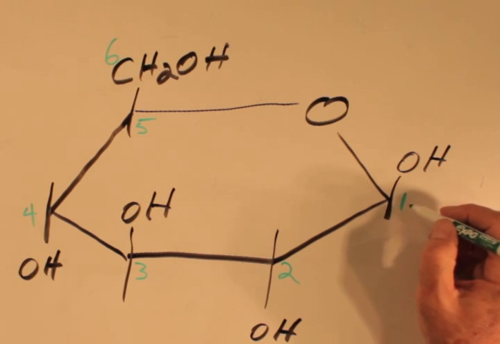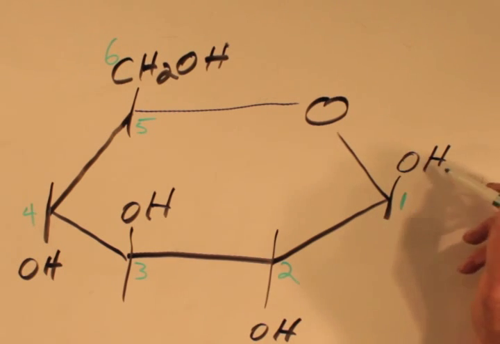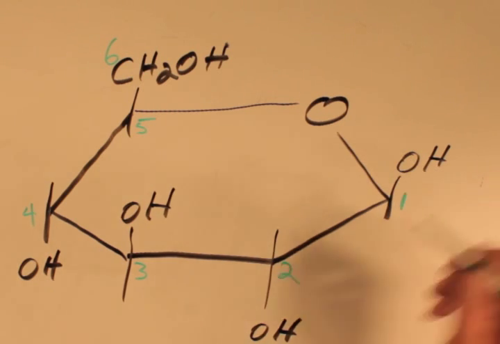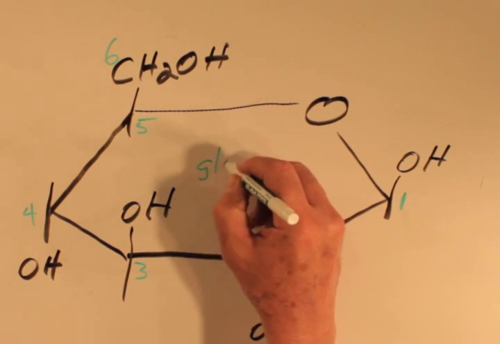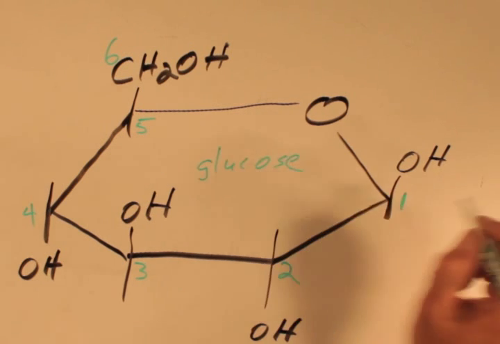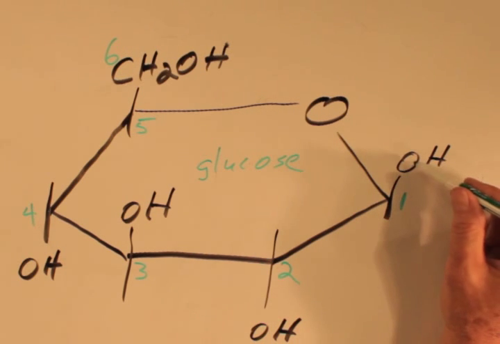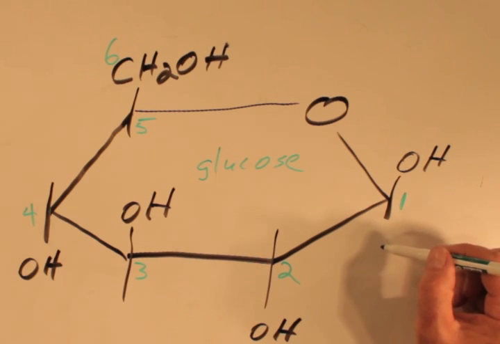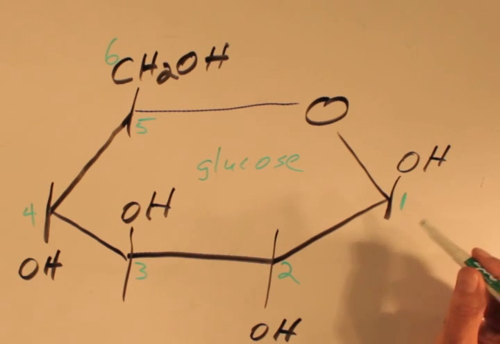The hydroxyl group on the 1 carbon is up in this drawing, but it could be down also. So this is glucose, but there are 2 versions of it: one with the hydroxyl group up, and one with the hydroxyl group down.